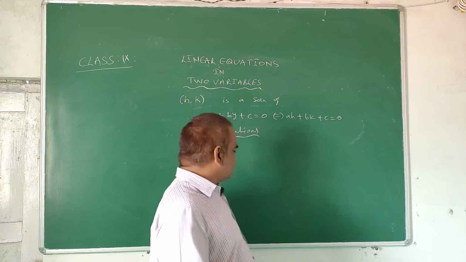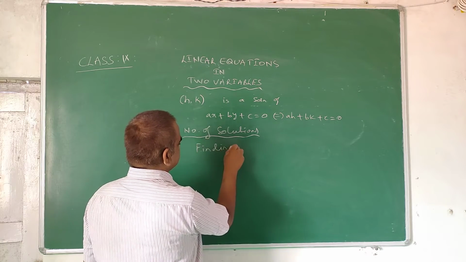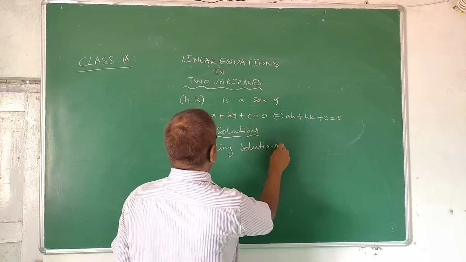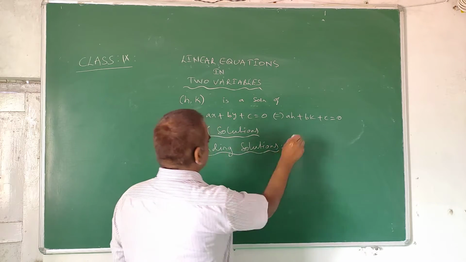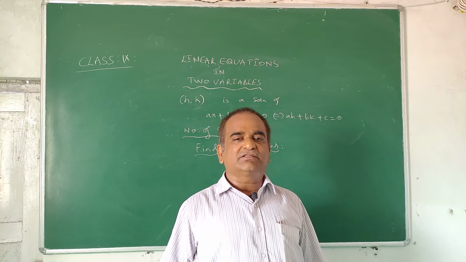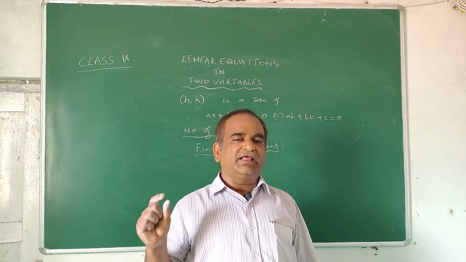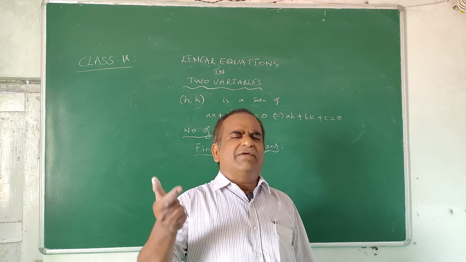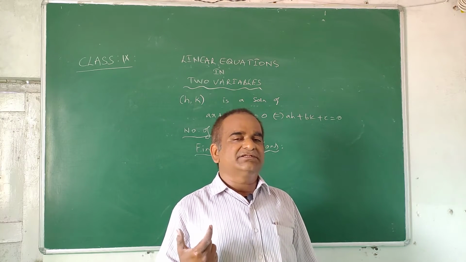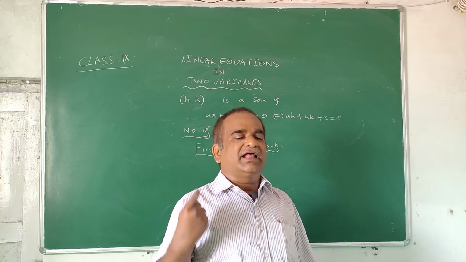Now how to find solutions? To find the various solutions of a linear equation in two variables, you have to take any value for x you wish. You can choose any real number, there is no restriction.